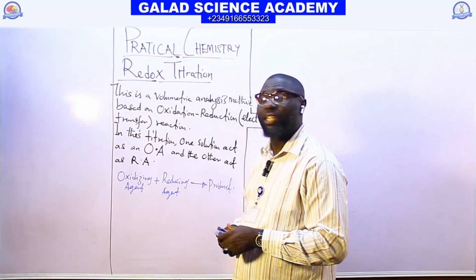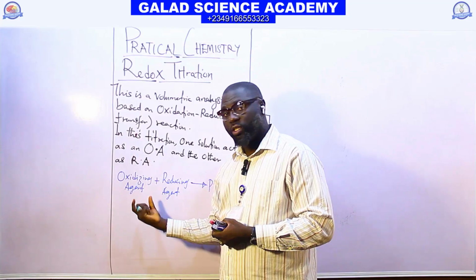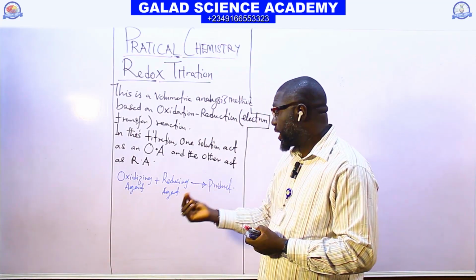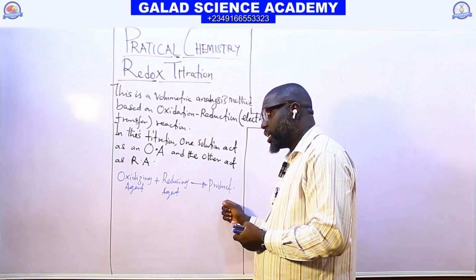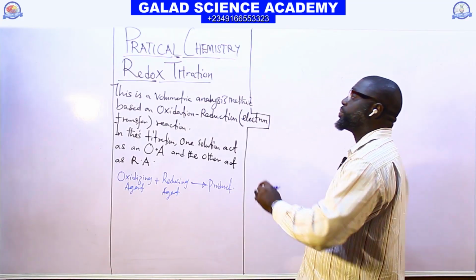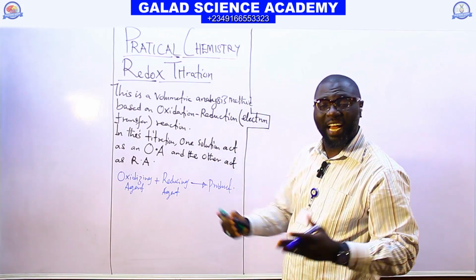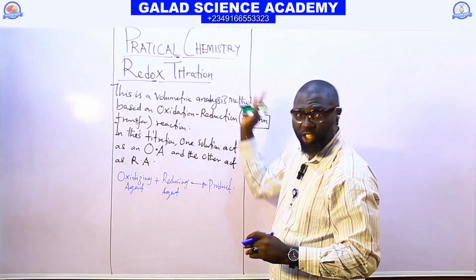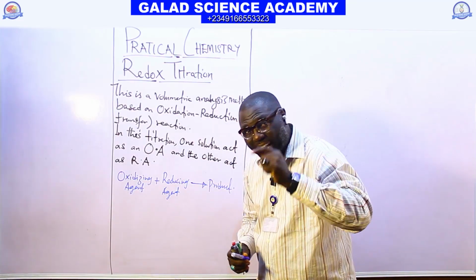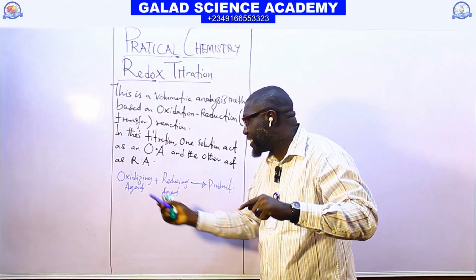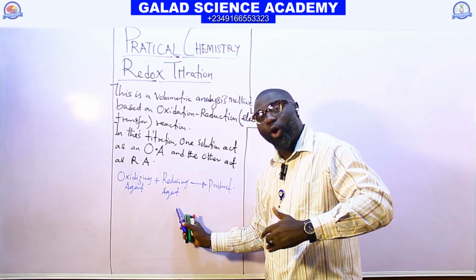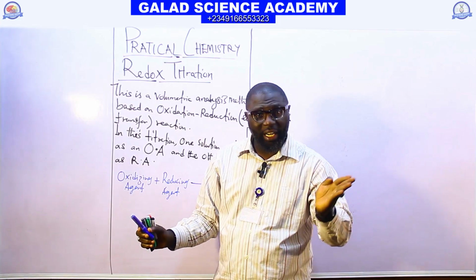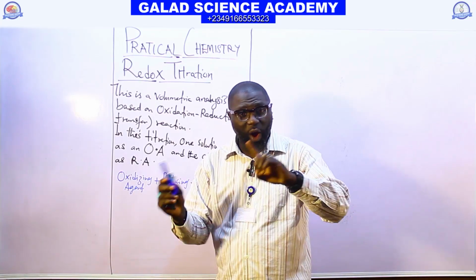Any reaction that undergoes redox comprises an oxidizing agent and a reducing agent. The titration analysis that involves an oxidizing agent and a reducing agent is what we call redox titration. Simple. Redox titration involves the oxidation and reduction reaction, the transfer of electrons.